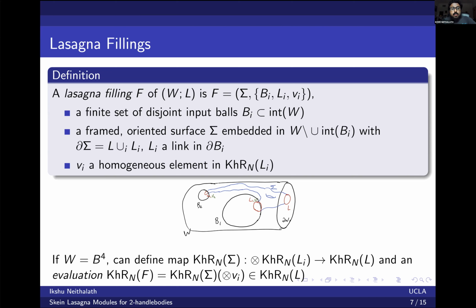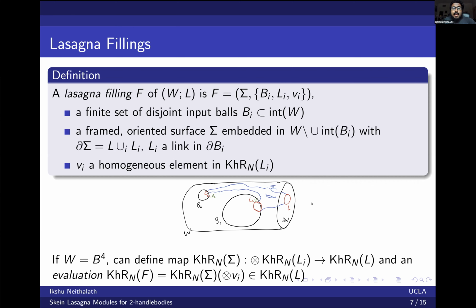And in the case when W is the 4-ball, sigma is now a surface in the 4-ball. And as Paul explained, we can assign to that a cobordism map on Khovanov-Rozansky homology that goes from the tensor product of the homology of all the internal links to the homology of the external link.